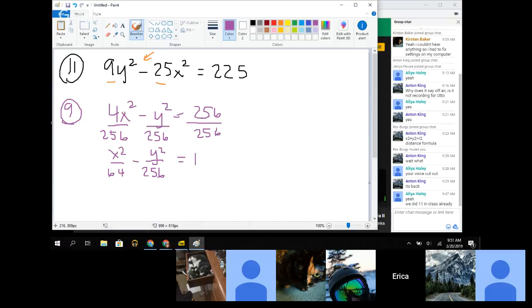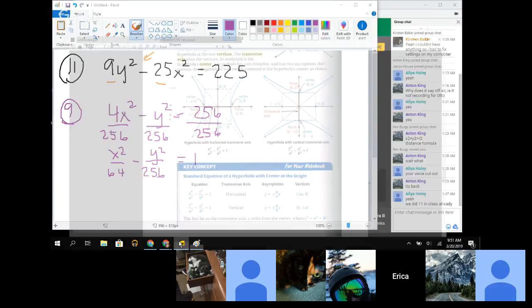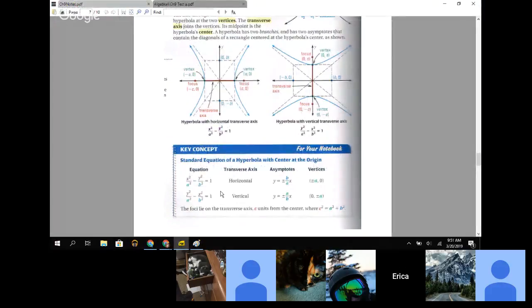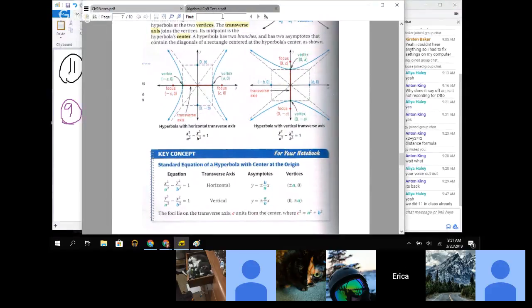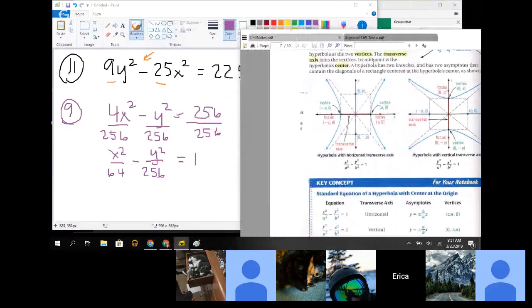Okay, so now I need to figure out what kind of hyperbola this is going to be. Sometimes I think with hyperbola, it's actually easier to start with the graph because it's flip-flopped what you would think. Just like an ellipse, you would think, oh, this number is bigger, so it's going to control the situation. Well, I always forget this.